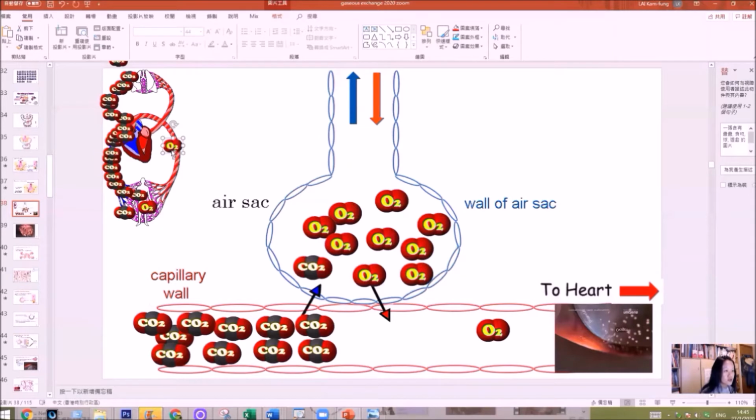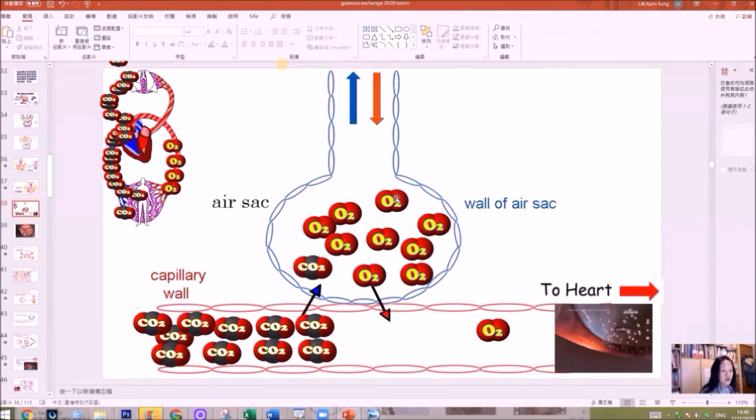So the oxygen here, when they bring it to the body, will be used up. Therefore the blood flowing to the lungs in this direction will have less oxygen. Therefore, we have a low concentration of oxygen here, and a high concentration of oxygen in the air sac.